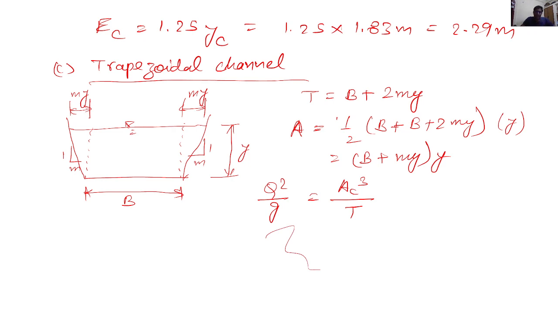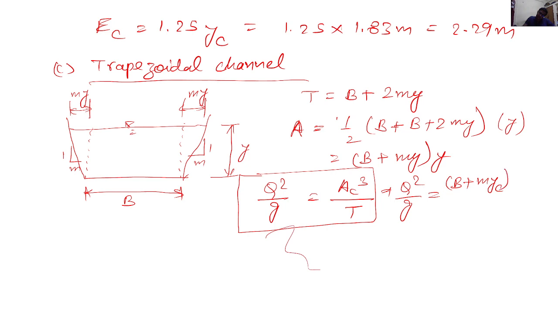As I told you, in case you don't remember anything, you just go back to this general expression for critical flow. So this would give us Q square by g is equal to (b plus myc) cube times yc cube by T, and T is b plus 2myc. So just put the values.